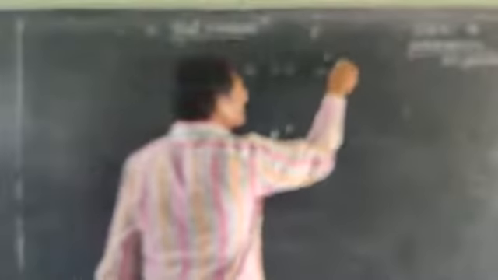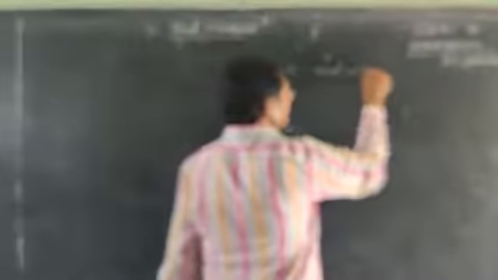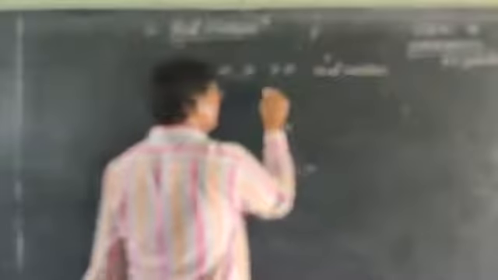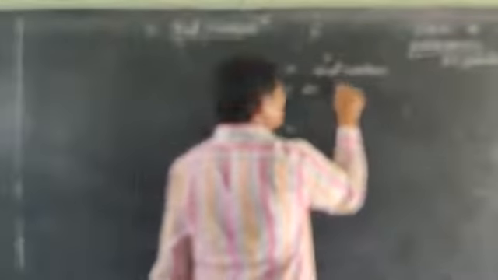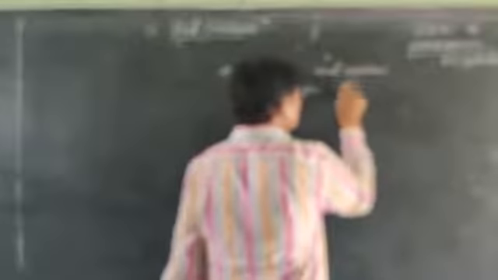Here, you take a, b, both greater than 0, real numbers, and p and q are rational numbers, positive.